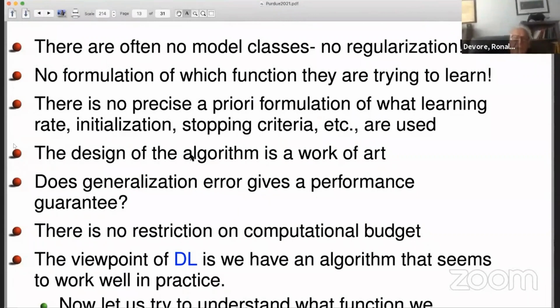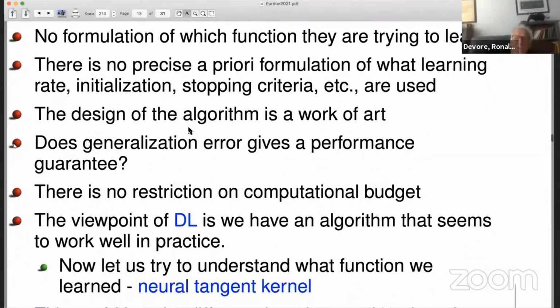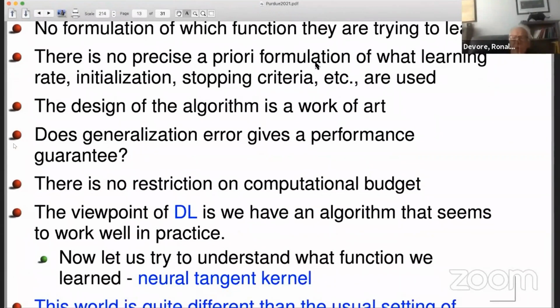A second thing is there's not a precise formulation in their implementation of gradient descent in terms of the learning rate, initialization, stopping criteria, et cetera. Different people do different things. And it's not like I'm telling you that if you use this initialization, this stopping criteria, this learning rate, I guarantee certain performance.